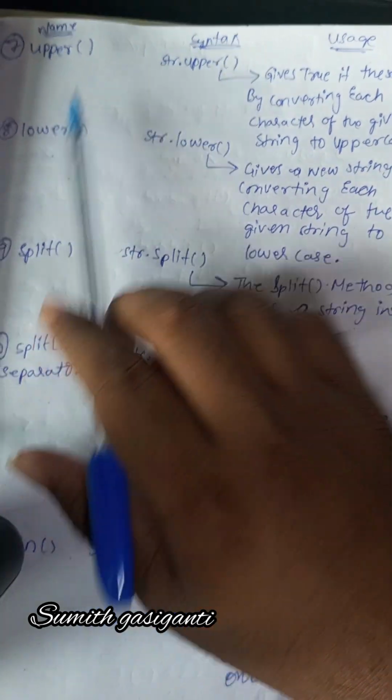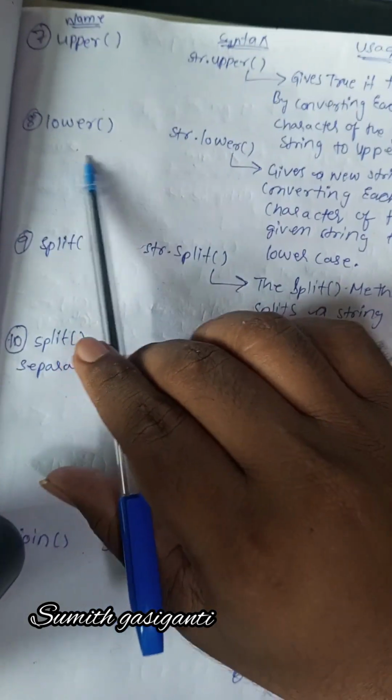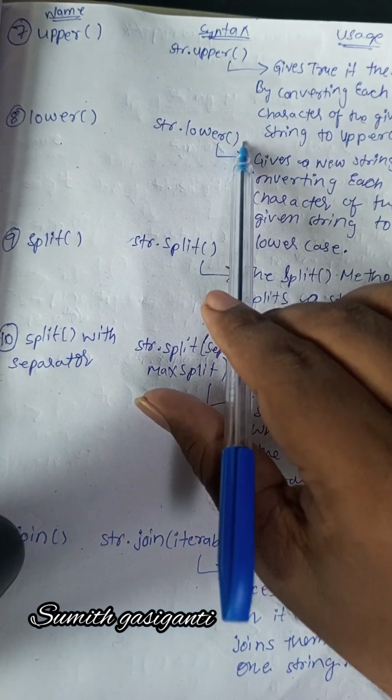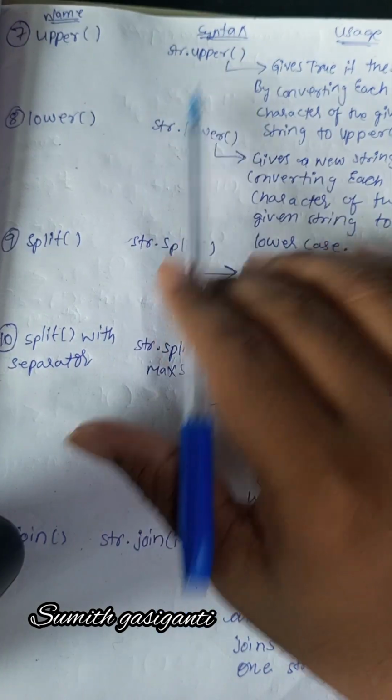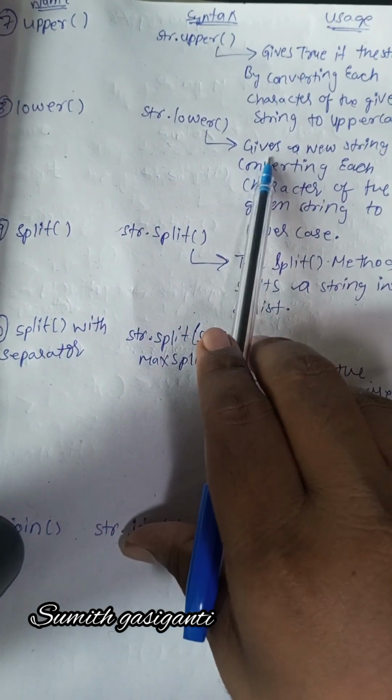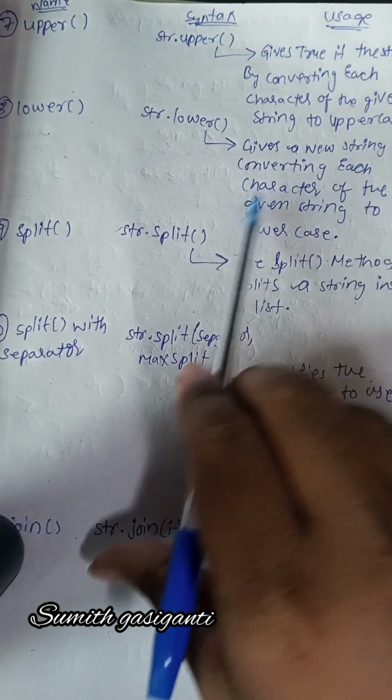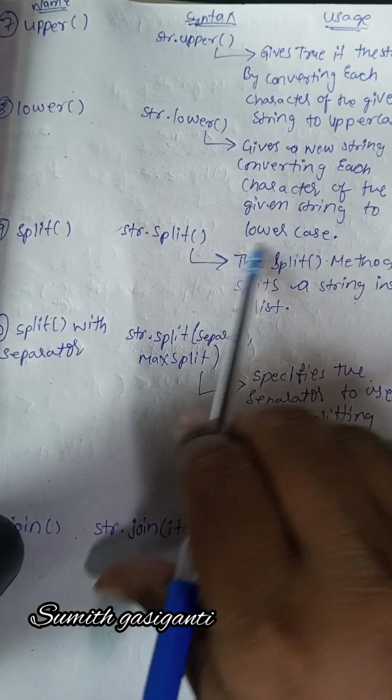Also, like upper, we have lower. The syntax is str.lower(), and the usage is that it gives a new string by converting each character of the given string to lowercase.